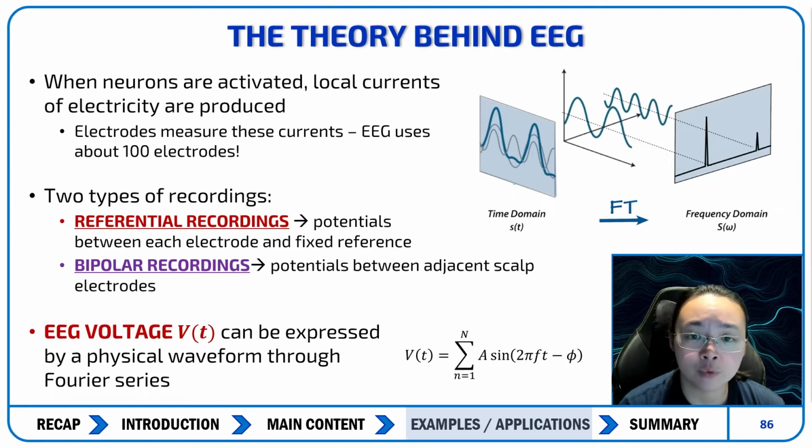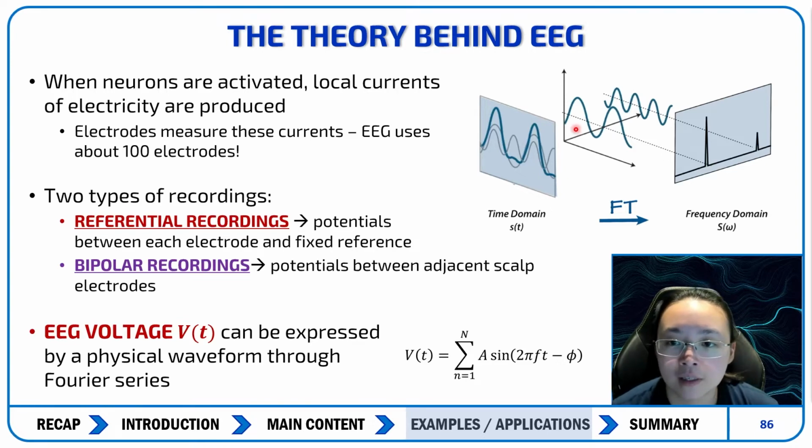The EEG voltage, V(t), can be expressed by a physical waveform through Fourier series analysis. So you have what we call a time domain and a frequency domain. Through a time domain, that's what you would measure, then place it through a Fourier transform, which allows us to decompose an oscillatory signal into a bunch of sinusoidal signals like this.